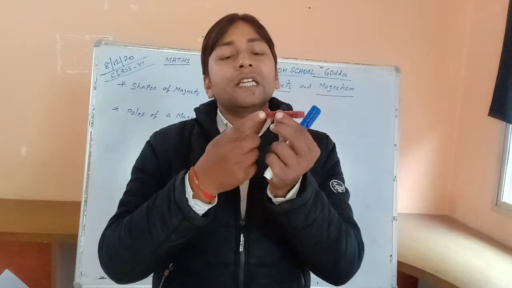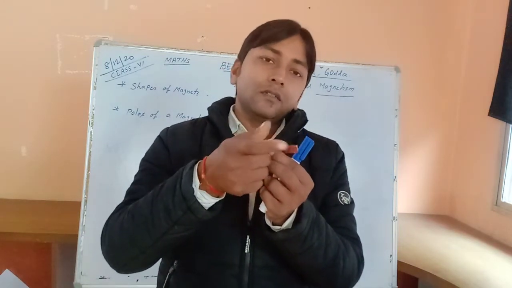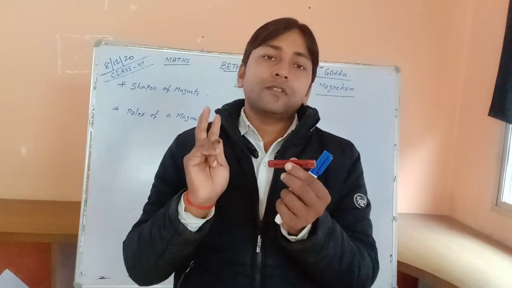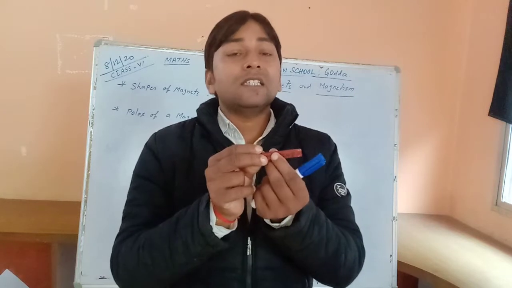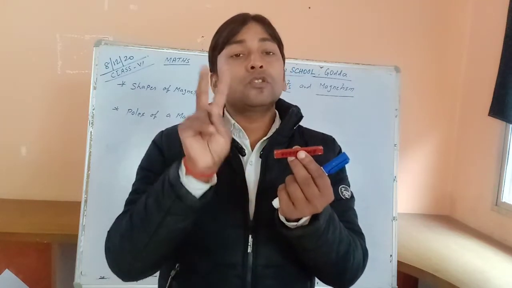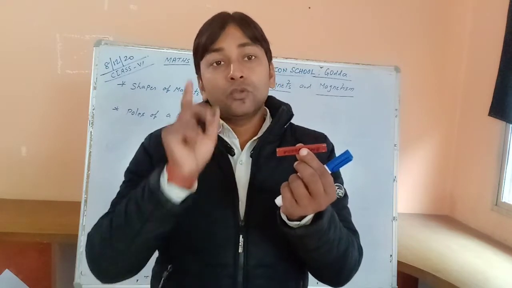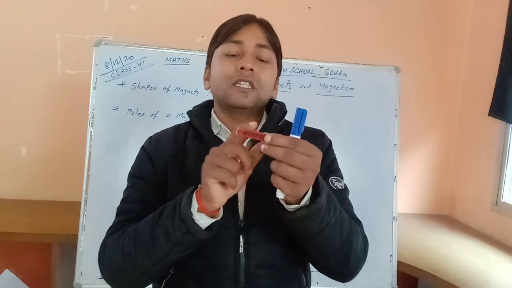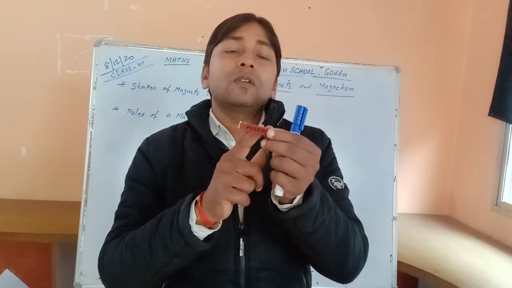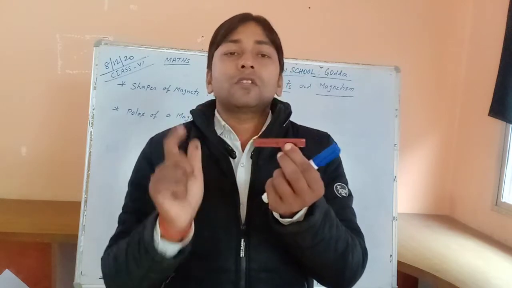One is here, another is here. If you break it into two smaller pieces, both parts also contain two magnetic poles. If this is north, then if you cut it here, this will be the south, then another piece, this will be the north, and this will be the south.